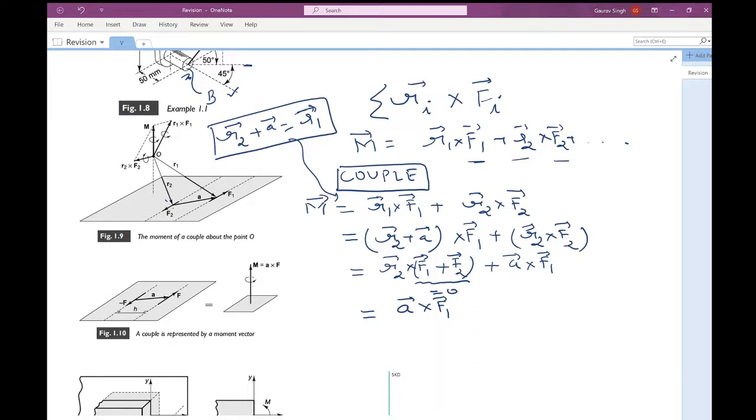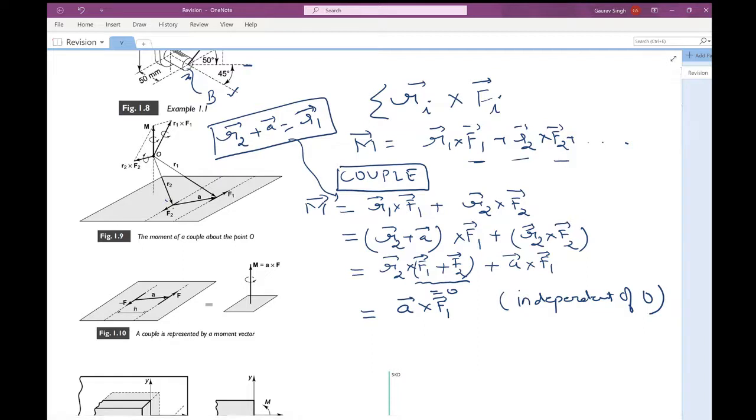Because it is independent of O. Wherever your O is, it does not matter. The moment of this system, where you have forces which are equal but acting in opposite senses, is independent of the position about which you are trying to find.